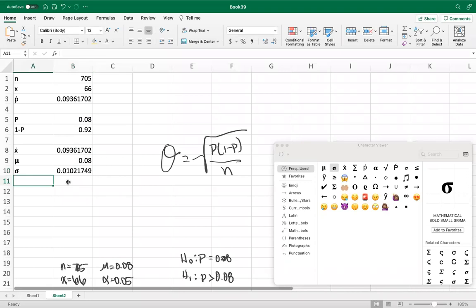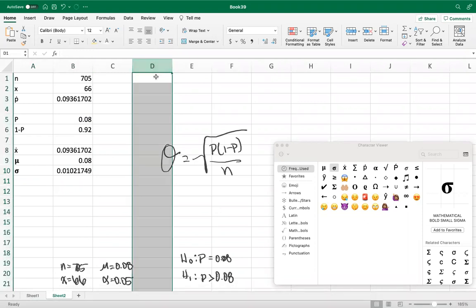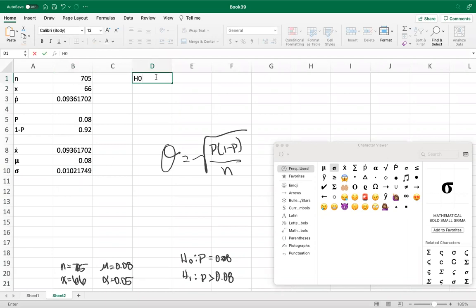So now that we have that, let's write down our null hypothesis and our alternative. For our hypothesis testing, H0, and I'm going to say HA for our alternative, or H1.